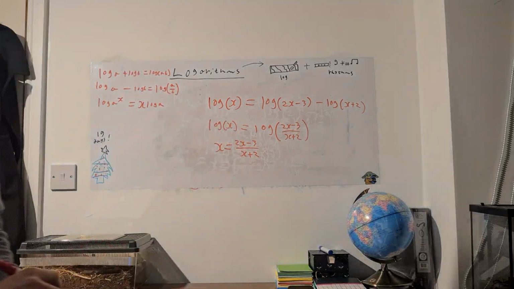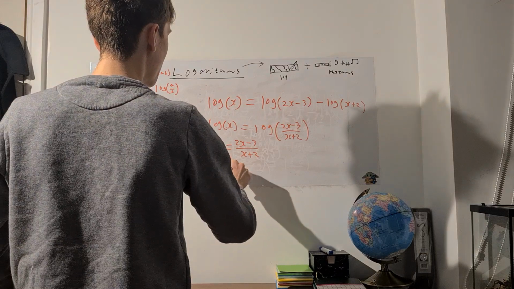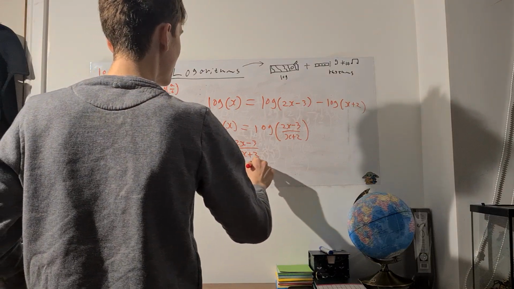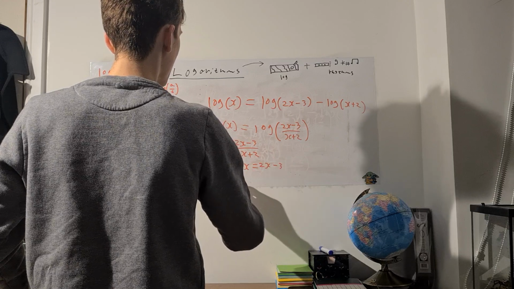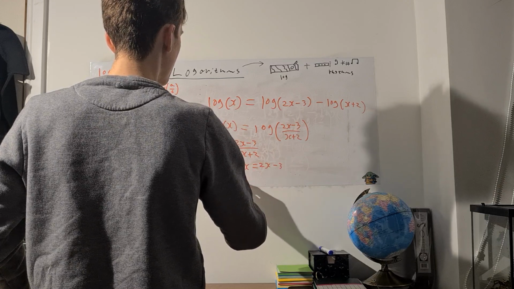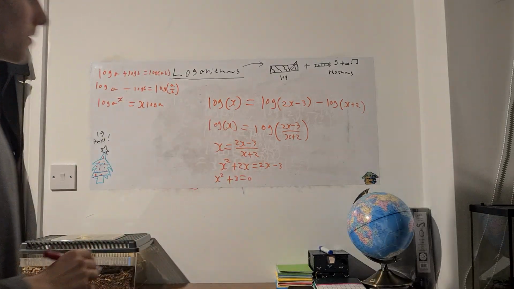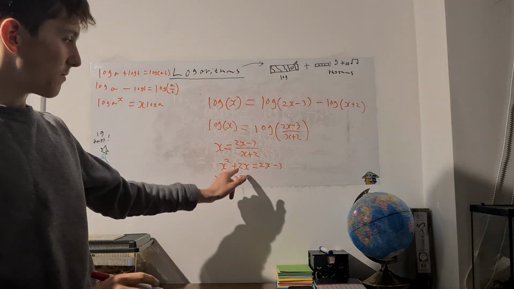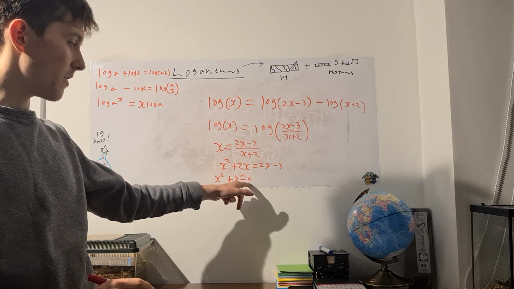You get x squared plus 2x is equal to 2x minus 3, which simplifies down to x squared plus 3 equals 0, because you subtract 2x from both sides and add 3 onto this side.